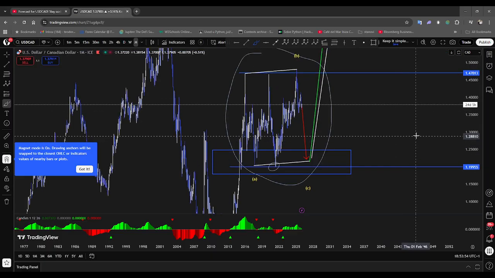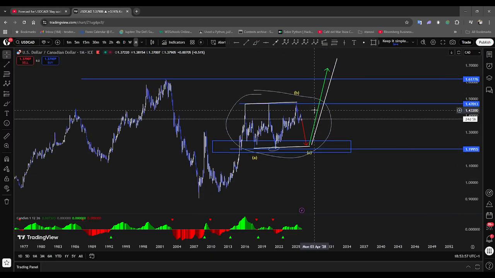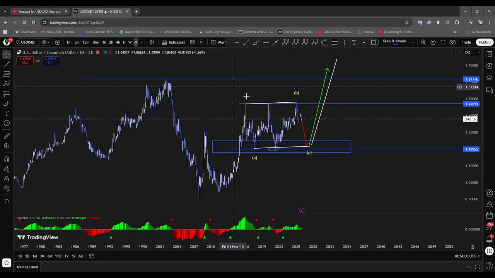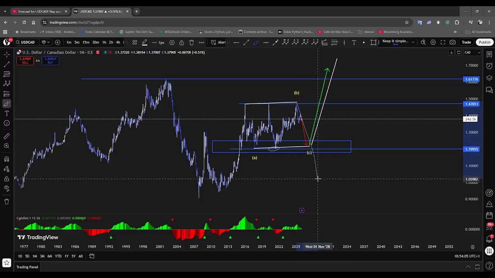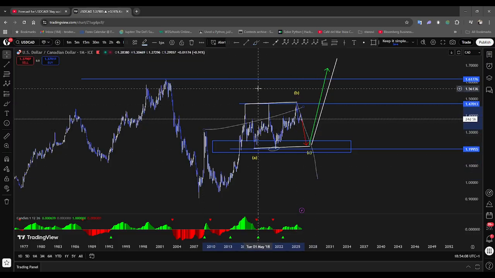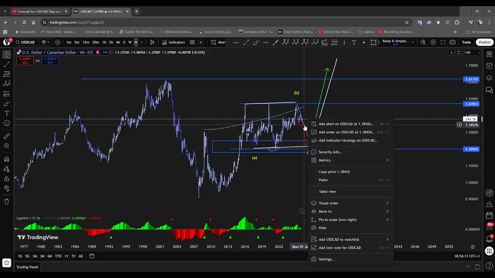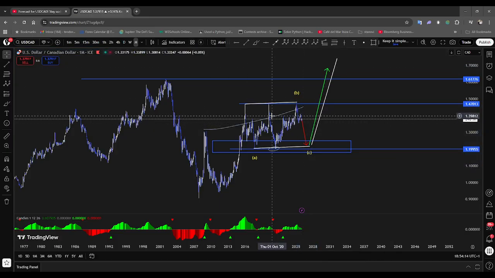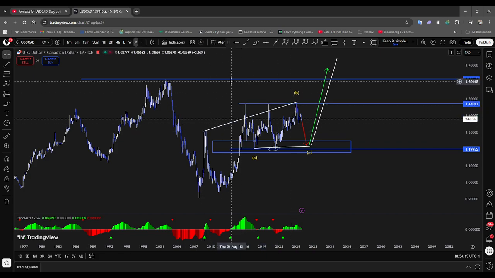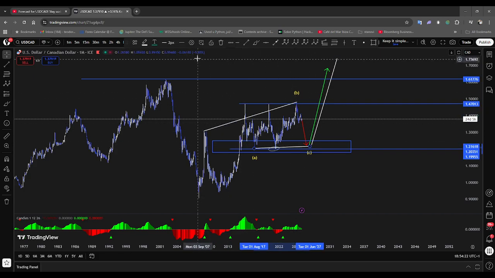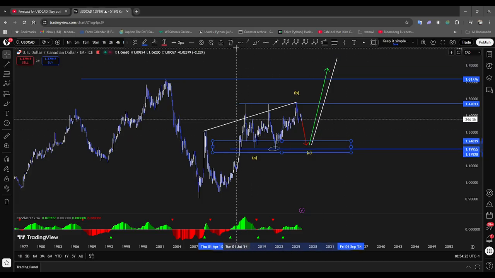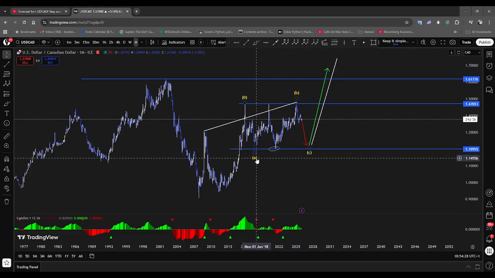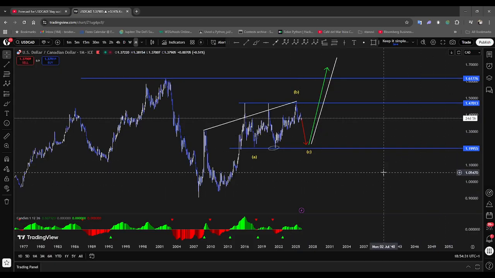Or if it goes even deeper like this here, then we can have this big running flat here. I just want you to understand how complex this wave analysis is. It is a very complicated and complex trading strategy, but once you master the higher time frames, you have very big potential to enter movements that big players are catching.